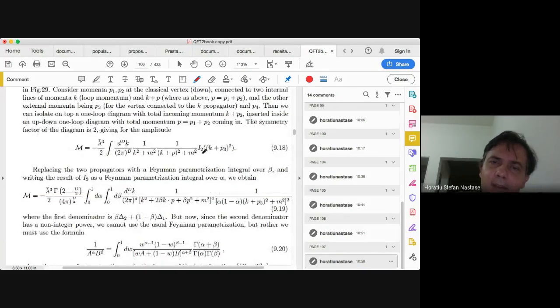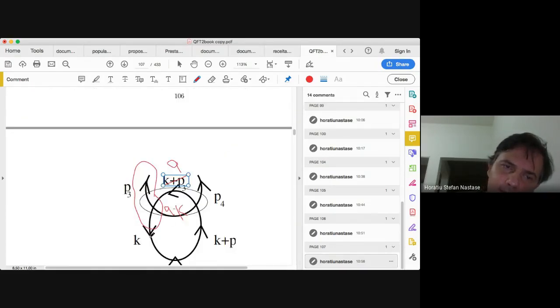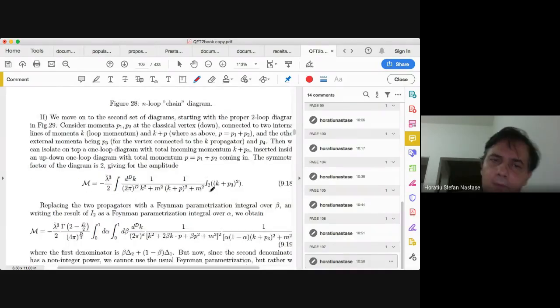So it's the one loop integral I2 of p squared, but p in here is k plus p3, the external momentum at one of the vertices of the one loop subdiagram. So this is the I2 of k plus p3.